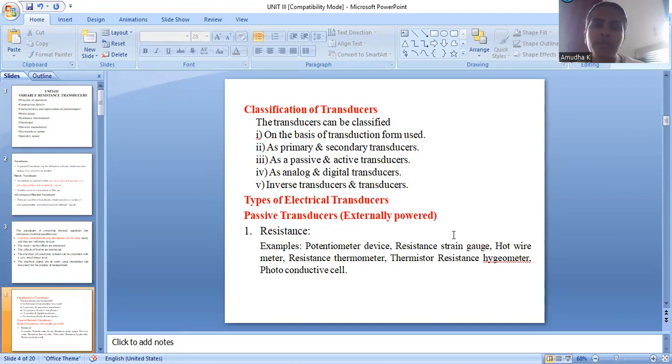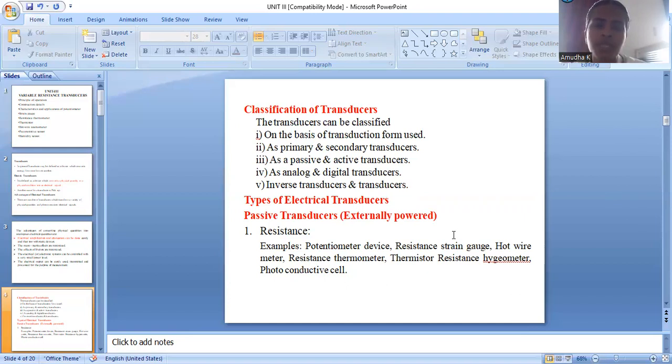Generally, transducers are classified on the basis of the principle of transduction, as primary and secondary transducers, active and passive transducers, analog and digital transducers, and transducers and inverse transducers. A passive transducer is not active, so we need to give power externally.